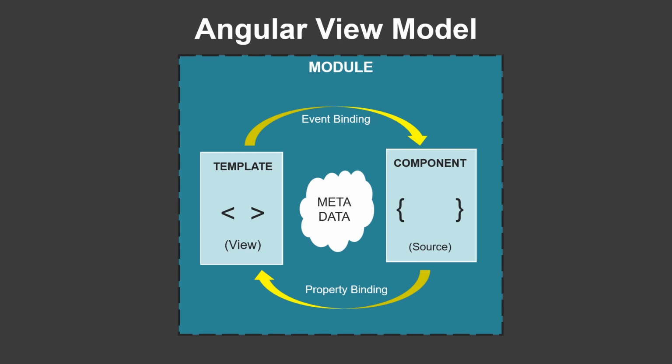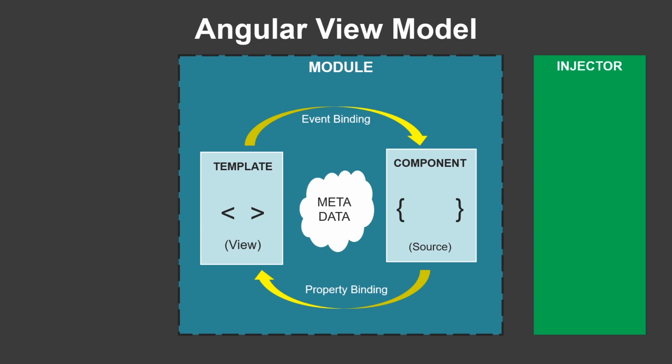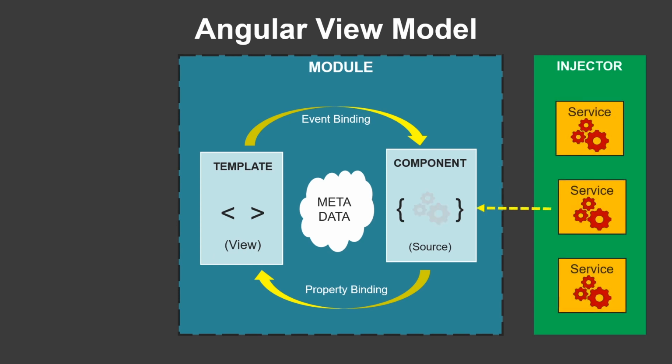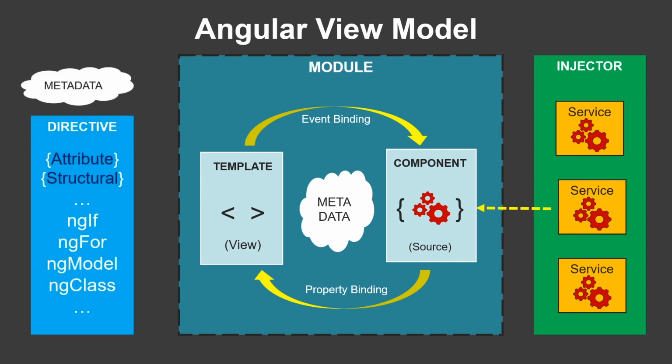Some really interesting features in Angular. But it's not all, right? Remember we talked about the injection system, and so there's an injector that can inject services to a component, and then those components can consume those services, things like data sources or other functions, and so on. And then on the template side, you also have something called directives.